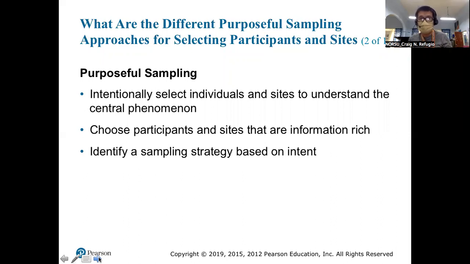Remember, when you do research, you are going to conduct a review of related literature. So with those different reviews of related literature, you will be given an idea how you are going to do the purposive sampling design. It's not all about creativity, but it's about using what other researchers used in their respective researches. But if you can create your own, then that is actually much better.